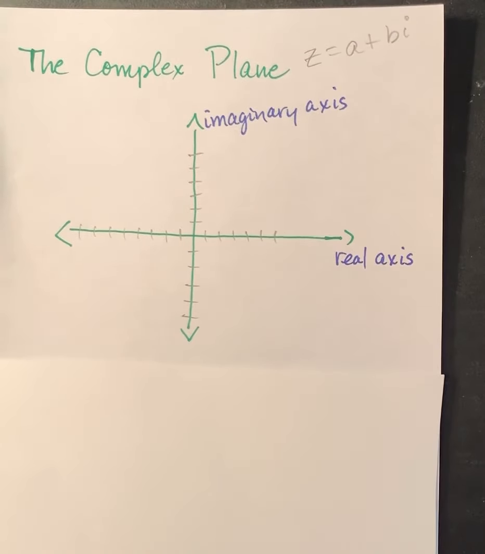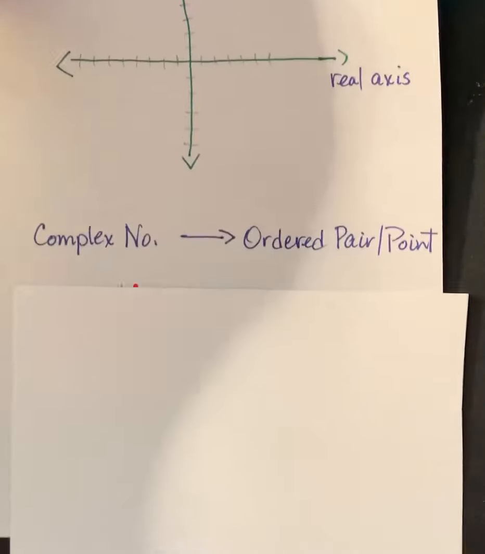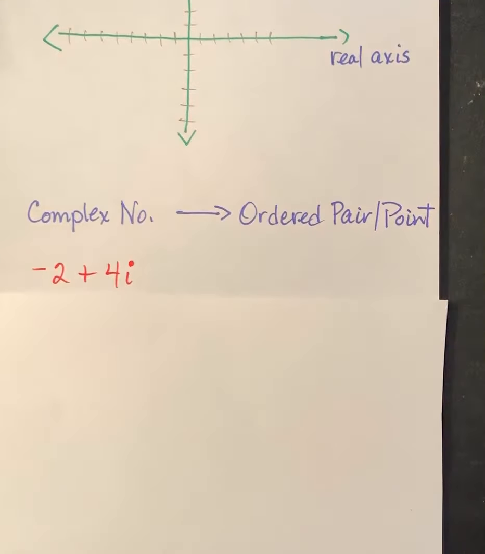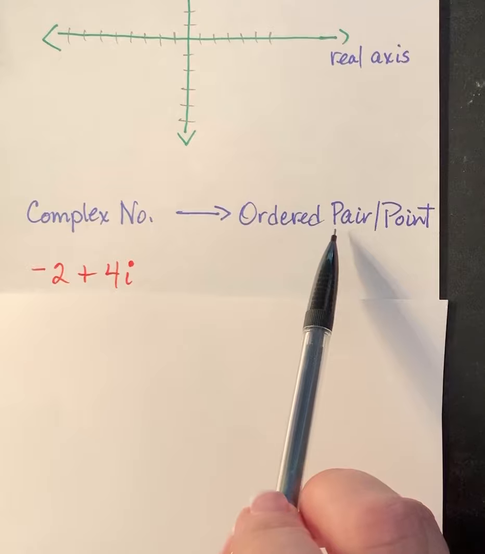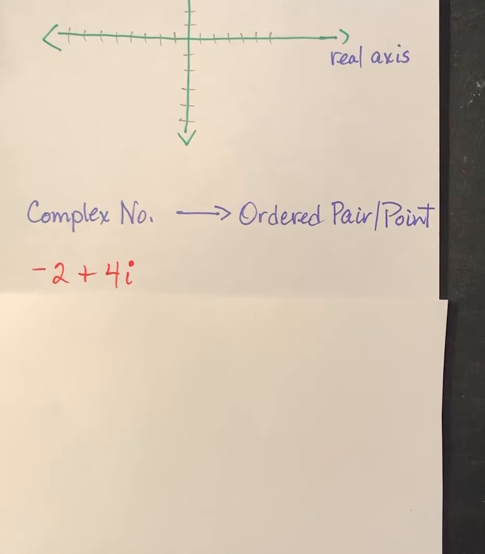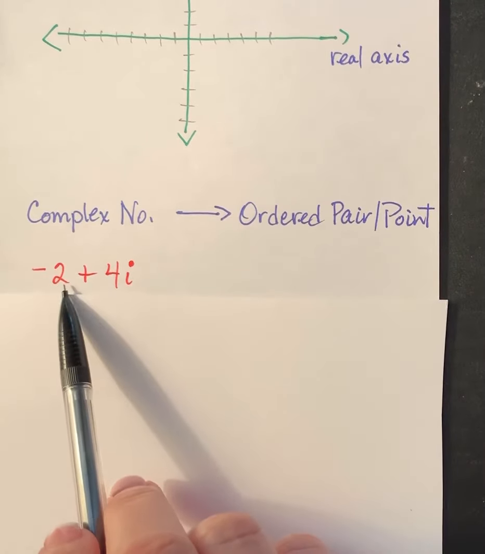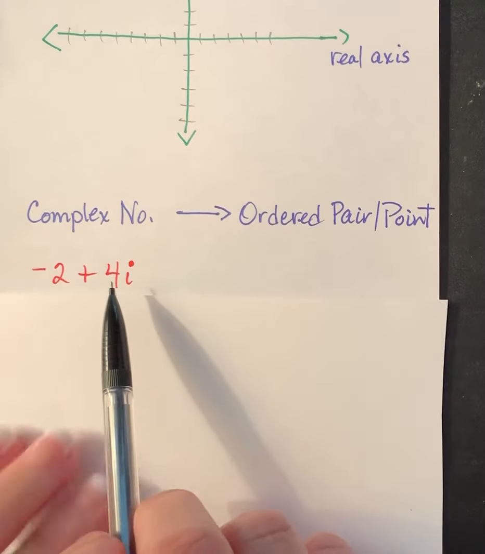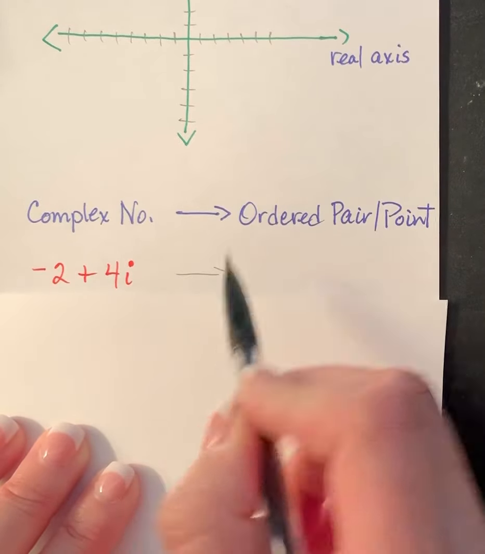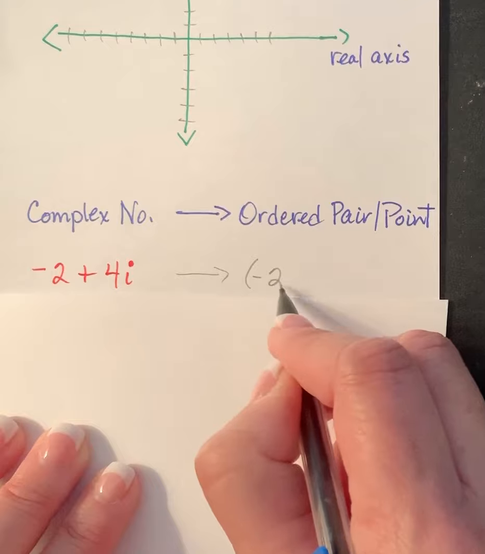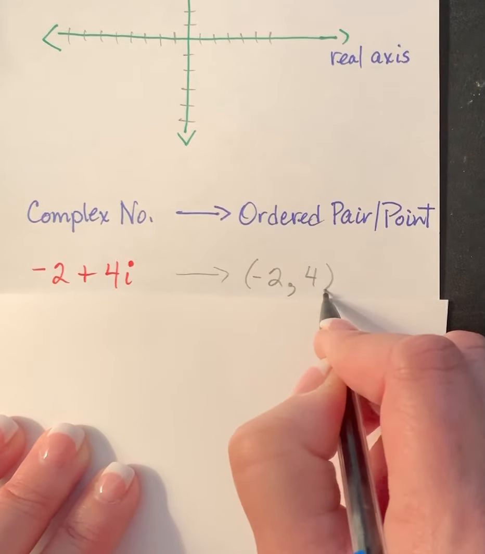And the way this works is we will take a complex number and represent it using an ordered pair and then graph that point. So for example, the complex number -2 plus 4i, we can represent that as (-2, 4).